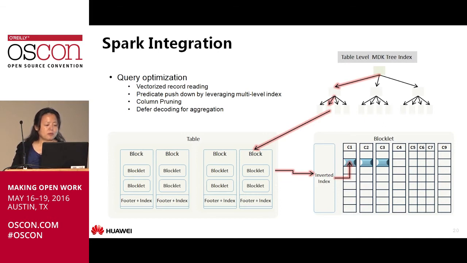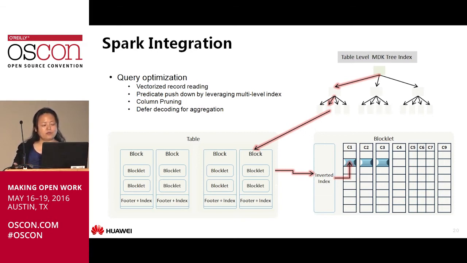We also mentioned global dictionary encoding. With global dictionary encoding, we can defer decoding to a later stage of aggregation. So instead of decoding right away after you read the file, you can operate the aggregation on encoded data. This is a big optimization for aggregation type queries.